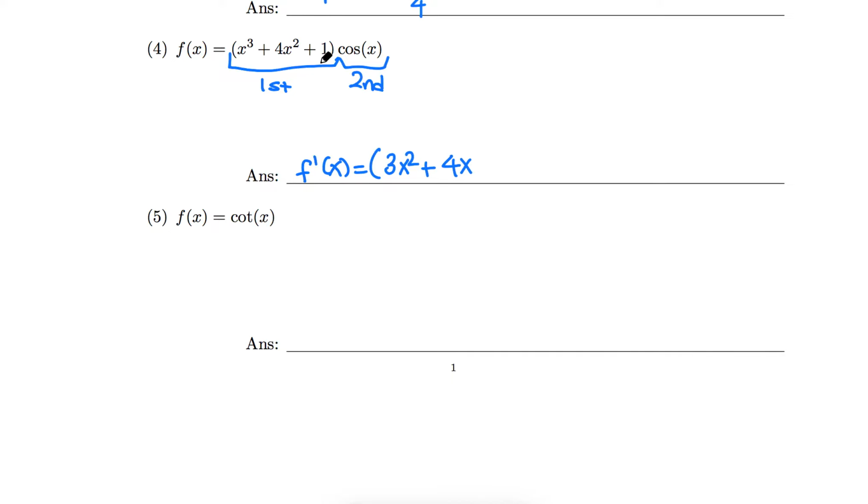We don't have to write the power. Plus derivative of 1 is 0, so we don't have to write it. Times the second function, cosine x, plus derivative of cosine x is negative sine x, times the first function, x cubed plus 4x squared plus 1.